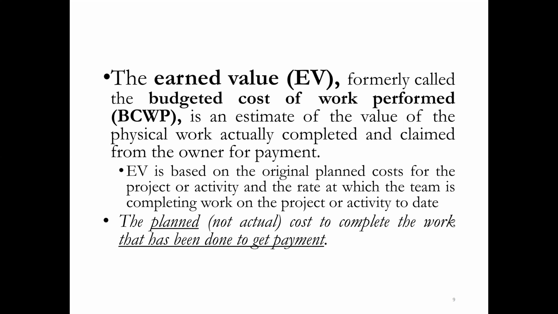The payment we will be getting is based on the original contract that we have signed with the owner. It is not based on the actual price. So for earned value, we will be claiming the payments based on the work done, but according to the signed contract. According to the percentage of work complete, we will submit the payment for each month's progress payments.